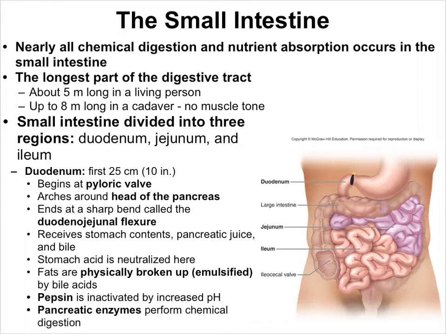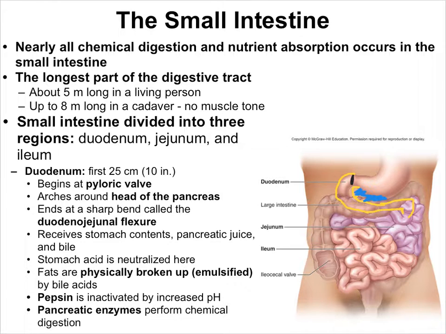It curves around the pancreas, because the pancreas is going to rest in this area in here. It transverses the abdomen and then starts to make another curve where it will go back.